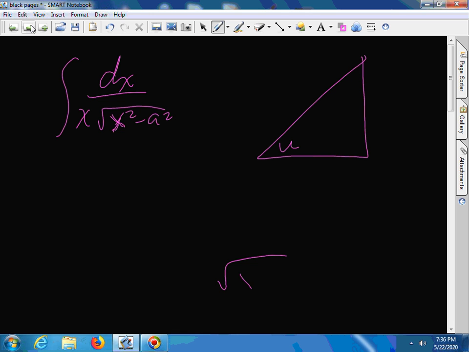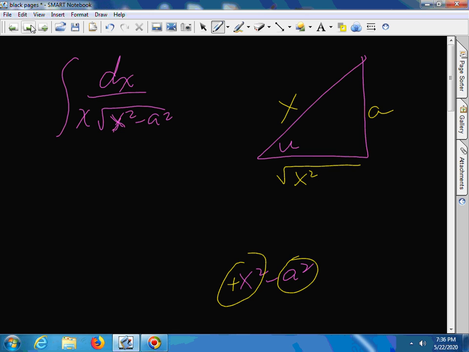When it comes to x squared minus a squared, this is positive. The square root of this goes on the hypotenuse. One of the legs gets the square root of a squared, which is a, and the other one gets the whole square root stuff. One of the sides always gets that square root.